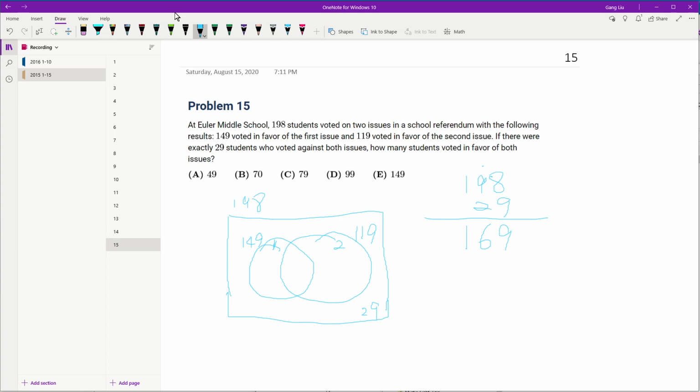We're going to add 149 to 119. 269 includes the double-counted overlap, and we minus 169, that's going to be 99. So answer is D.